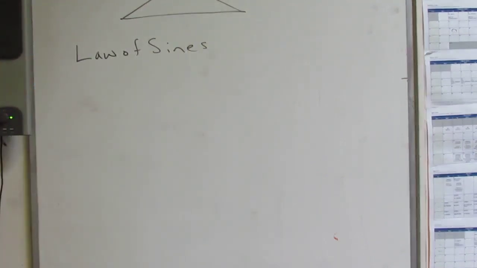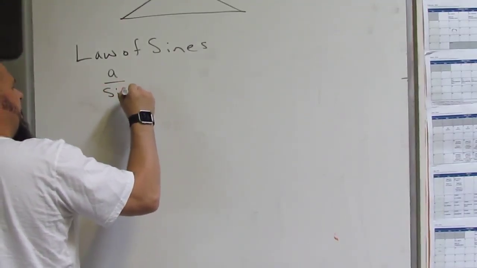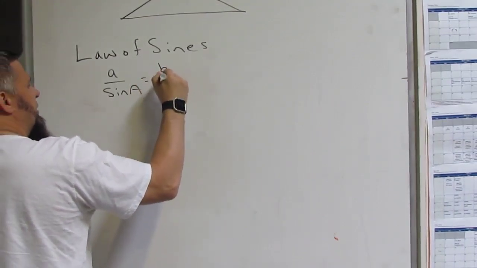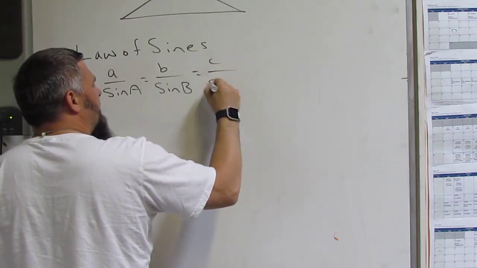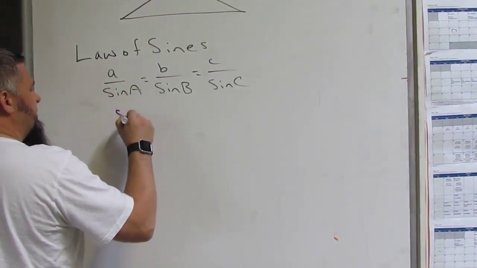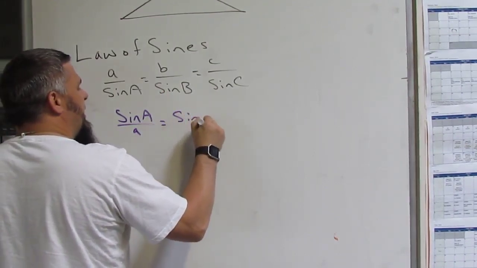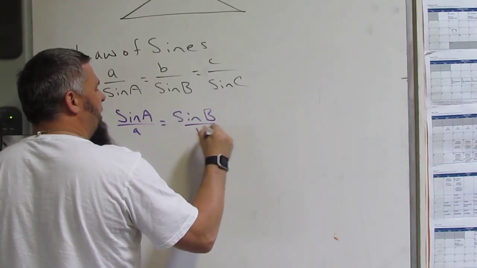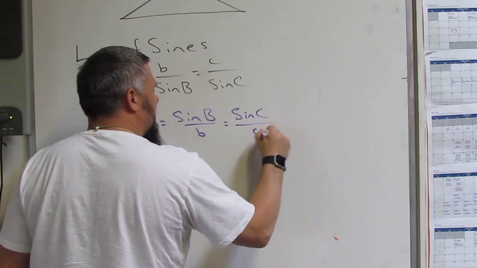Okay? And the way law of sines works is really easy. You have a over sine A is equal to b over sine B, which equals c over sine C. Or we can do the opposite: sine A over a is equal to sine B over b, which is equal to sine C over c.